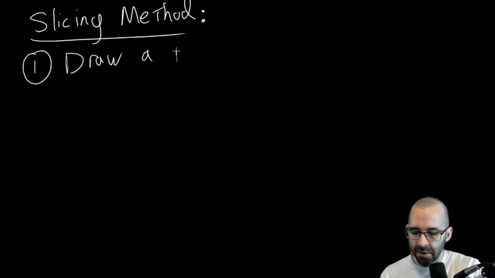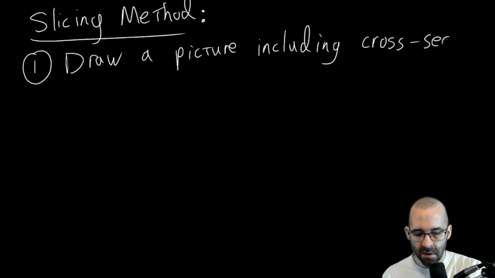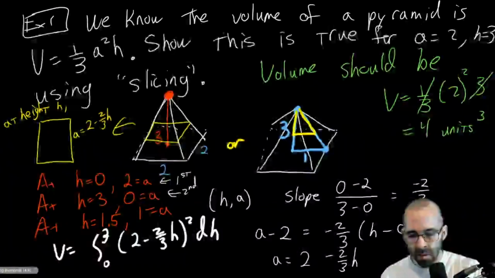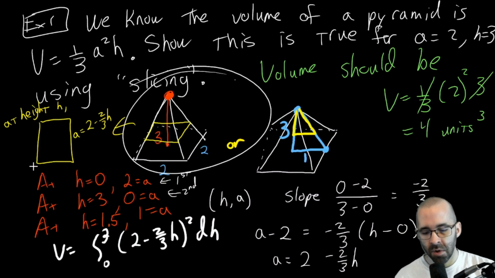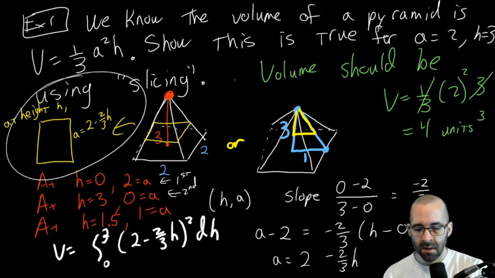First is draw a picture including cross sections. At least one cross section. So that's step 1. We did that step 1 right here. We drew our picture. We had our cross section right here. Excellent.